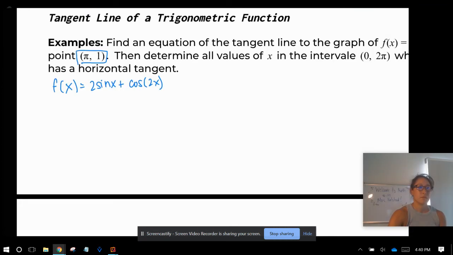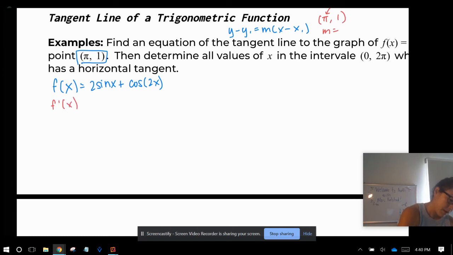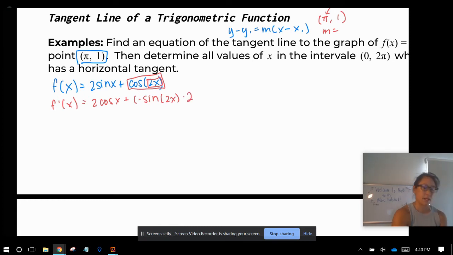If we want to find the equation of a tangent line, then we're going to write the equation in slope-point form. And we already know the point that the graph goes through. It goes through the point pi and 1. So we just need to find the slope when x is equal to pi. So we're going to go ahead and take the derivative, which is 2 times cosine x plus, chain rule here, negative sine of 2x times the derivative of the inside, which is 2.